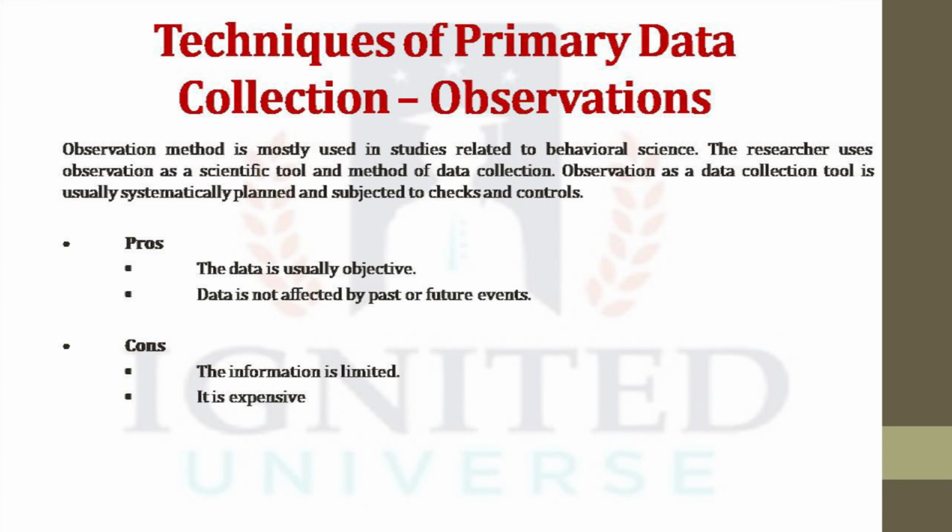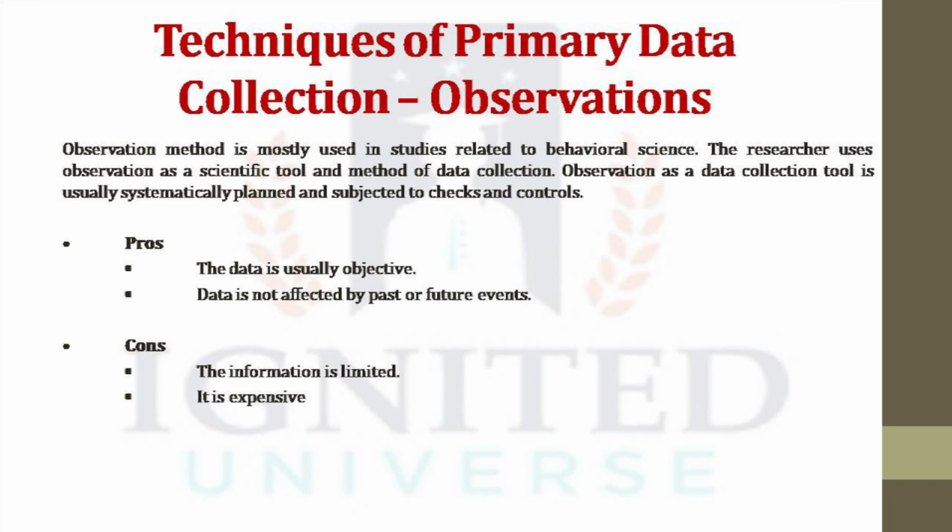Under the observation method, the information is sought by way of the investigator's own direct observation without asking the respondent. For instance, in a study relating to consumer behavior, the investigator, instead of asking the brand of wristwatch used by the respondent, may himself look at the watch.